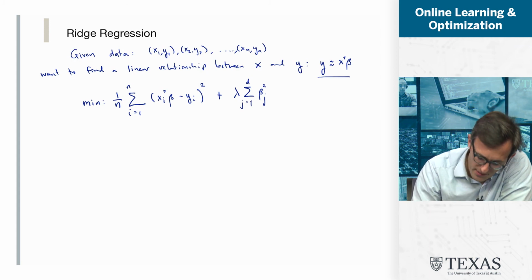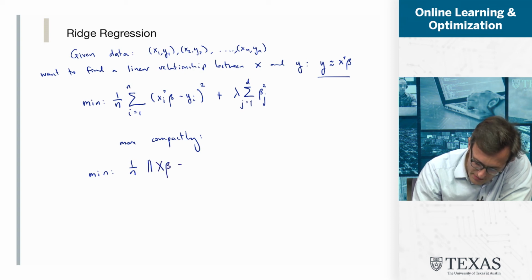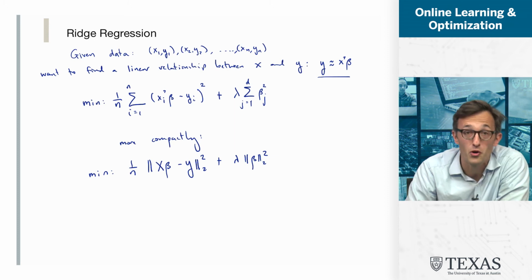Another way I can write this, using some norm notation, I'd like to minimize 1 over n times the norm of x beta minus y squared plus lambda times the Euclidean norm of beta.